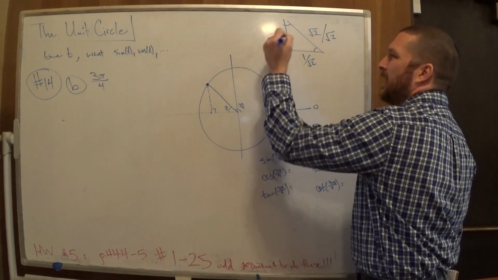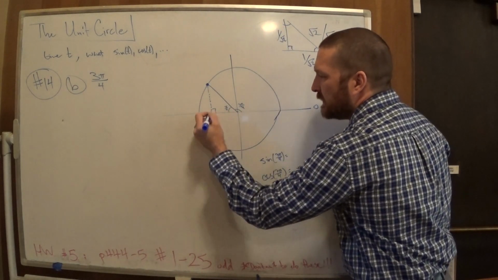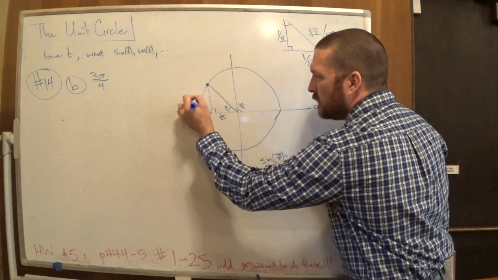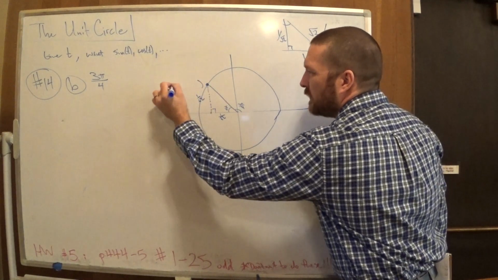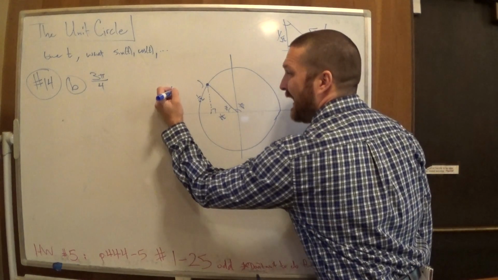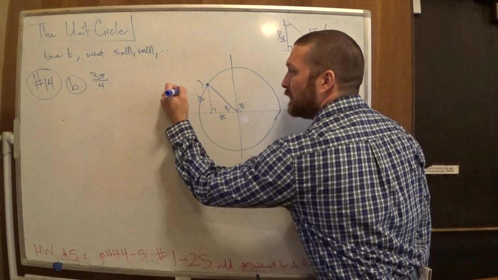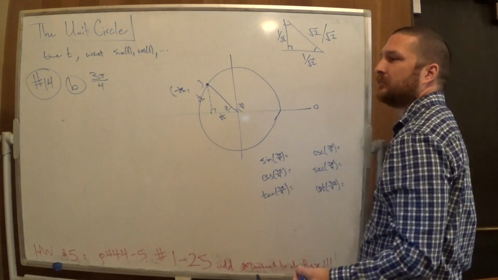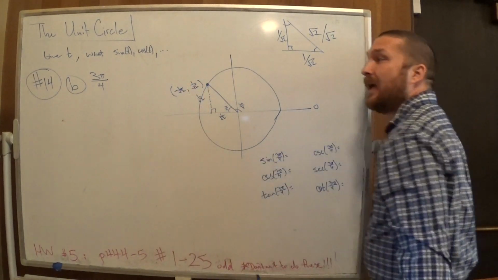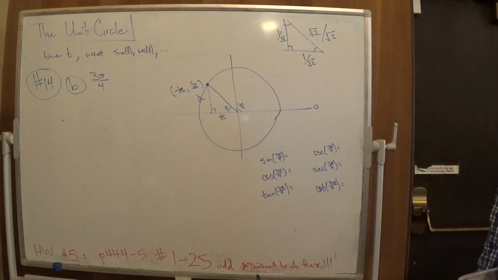Then this length right there is 1 over root 2, and this length right there is 1 over root 2, making the coordinates what? Negative 1 over root 2, and then is the y positive or negative? It's positive, so positive 1 over root 2. And there's your cosine and sine, right?